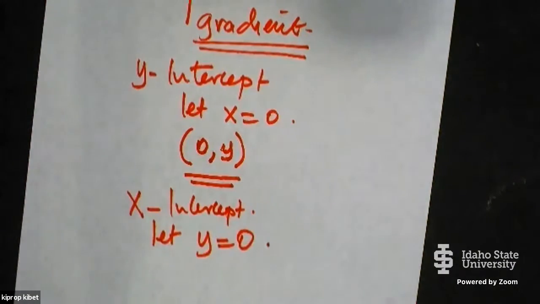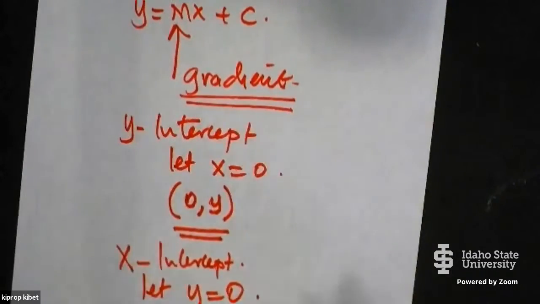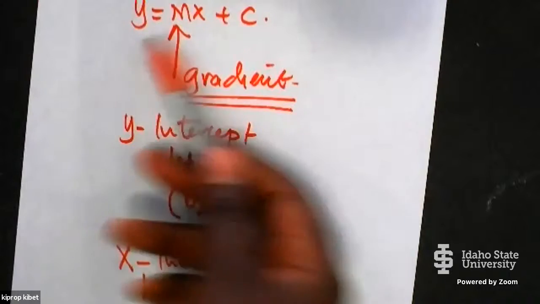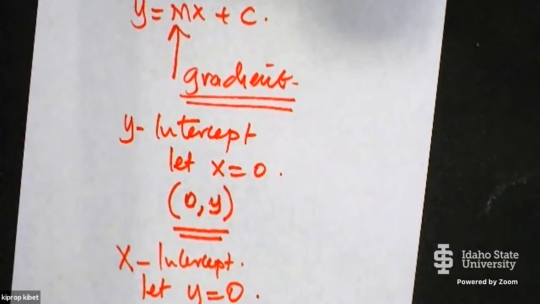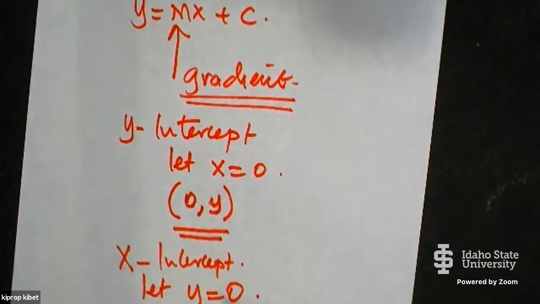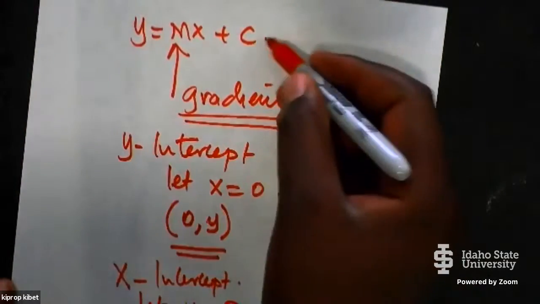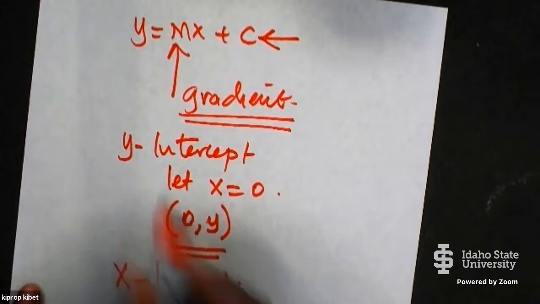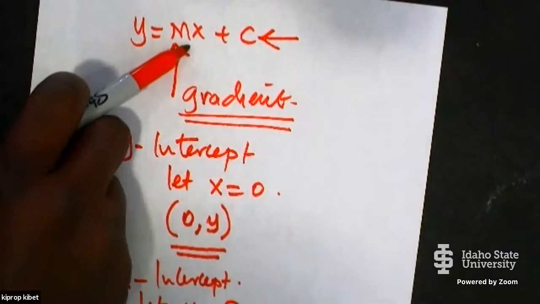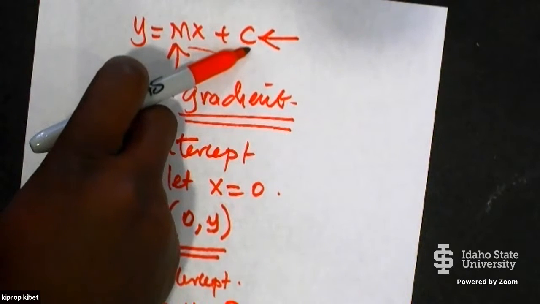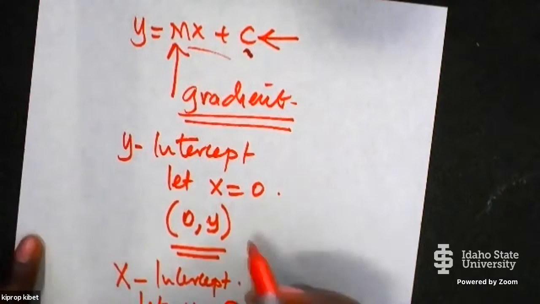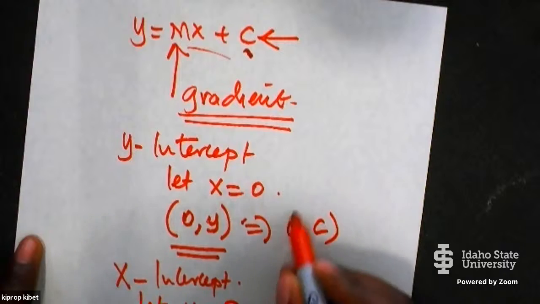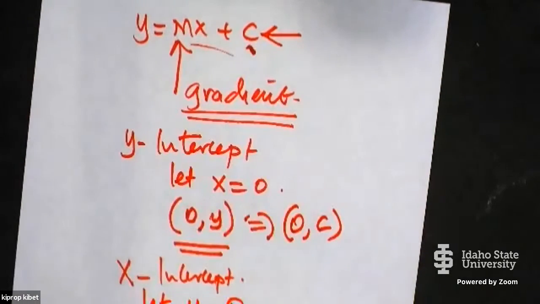Basically, if you look at our equation of a line here, when you put x equal to 0, then our y is a constant. So our ordered pair is 0 and c, and c is the constant there.